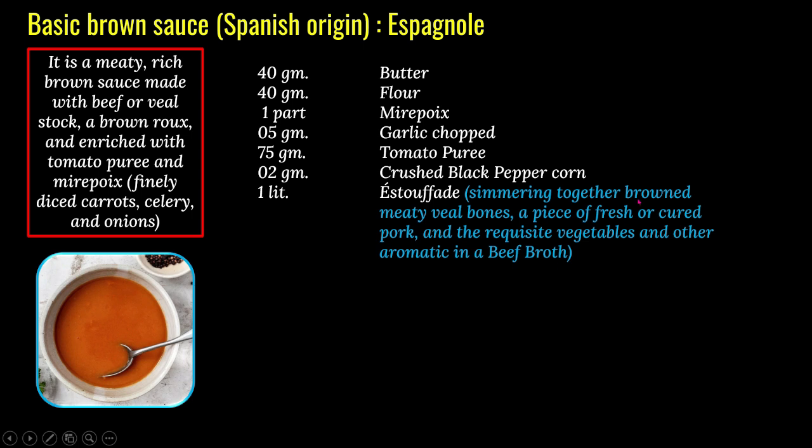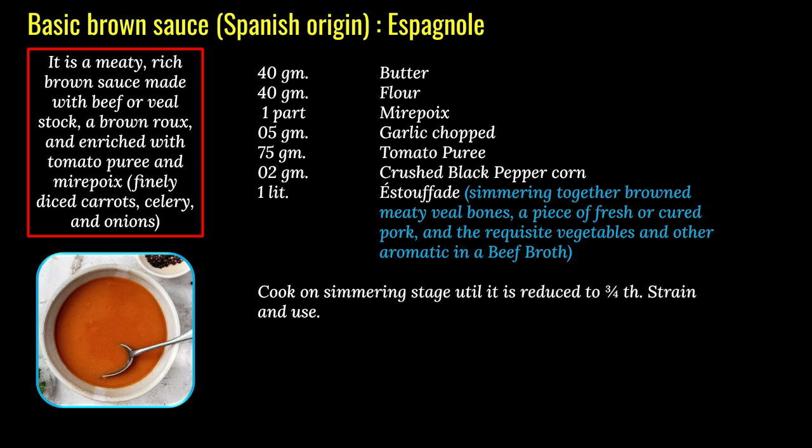It is made by simmering browned meaty veal bones, a piece of fresh or cured pork, and the requisite vegetables and other aromatics in a beef broth, cooked for 3 to 4 hours more. The extract we get is known as estouffade. That means estouffade is a much stronger brown stock with a meaty flavor. So 1 liter of estouffade is required.